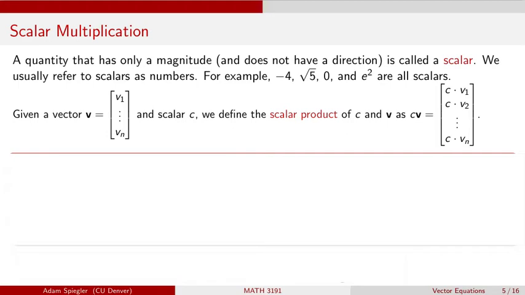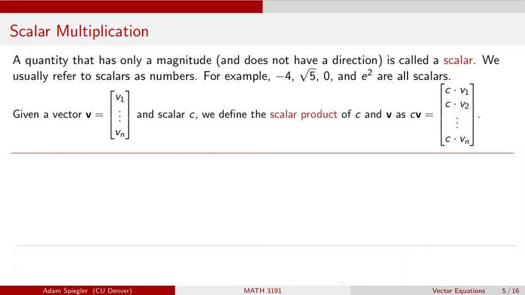So I've got a vector v and a scalar c. We define the scalar product of scalar c and vector v, and we write that just as we typically write products, cv.